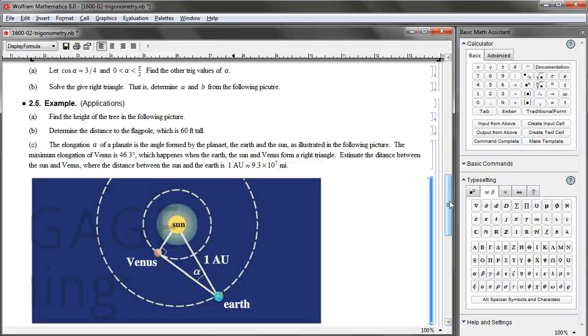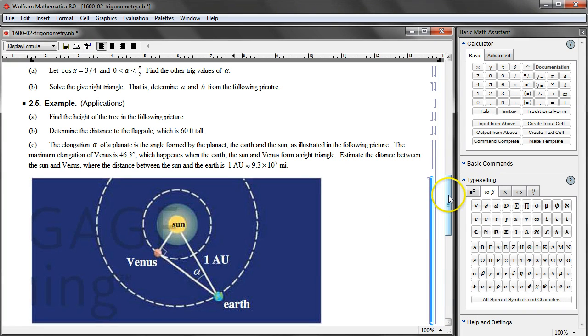And it reaches a maximum when we have the right triangle, as you see in this picture. The maximum elongation for Venus is known to be 46.3 degrees. Find the distance between the Sun and Venus in terms of the astronomical unit, and later in terms of miles. How do we do that?